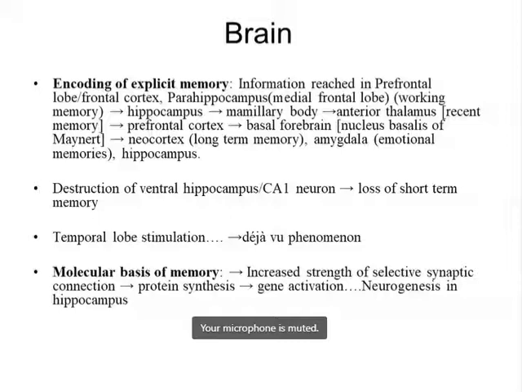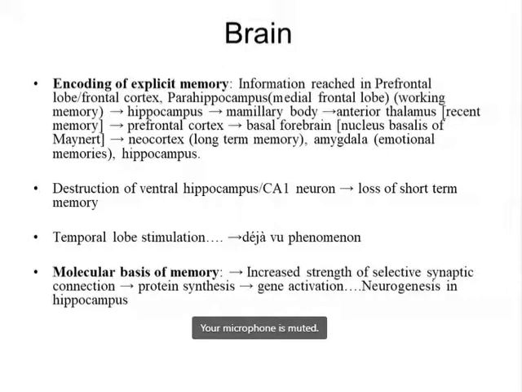In the previous class we have already talked about the rapid circuit. The impulse starts from the hippocampus, goes to the fornix, from the fornix to the mammillary body, from the mammillary body to the anterior nucleus of the thalamus, from the thalamus to the cingulate gyrus, and from the cingulate gyrus back to the hippocampus. That is called the rapid circuit.